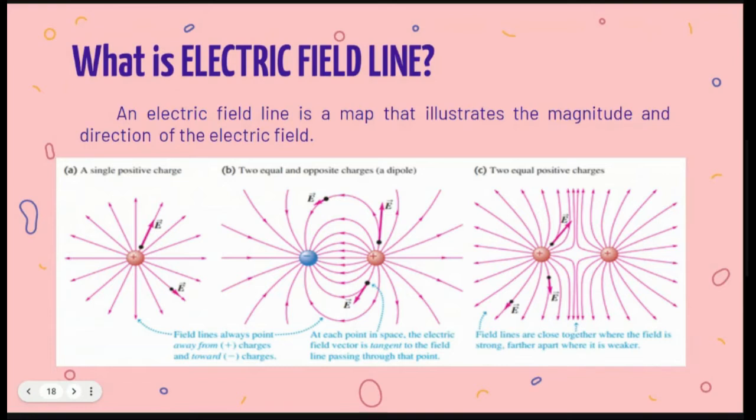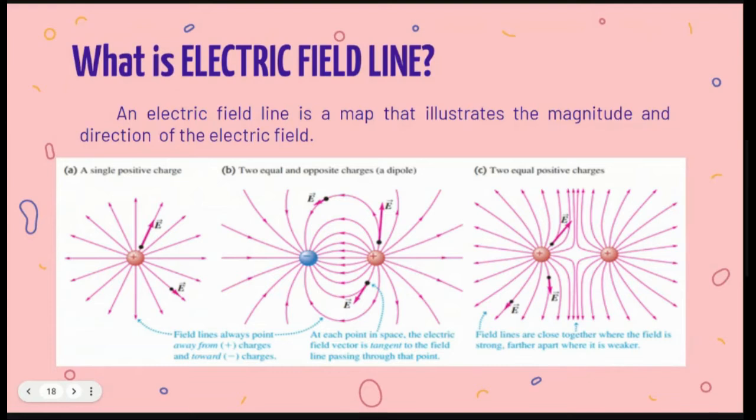If there are no negative charges present in the system, then there will be no electric field line because there's nothing to be attracted to. A positive charge will just repel another. So the field lines always point away from the positive charge and towards the negative charges.